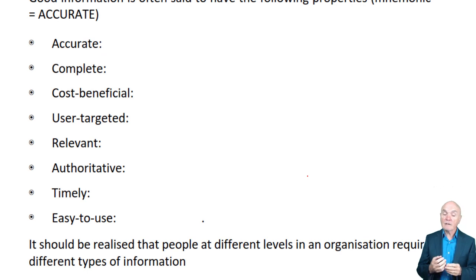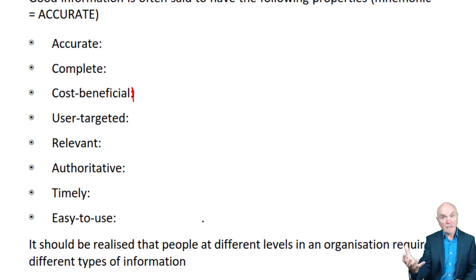It has to be cost beneficial. We're not after information for the sake of it. We want information only if it's going to help us improve our efficiency, improve our profit. And I'll take you back to this cost beneficial bit, if you remember when we were talking about project appraisal, with costs and benefits. We're not doing a project for its own sake to get something shiny and new.